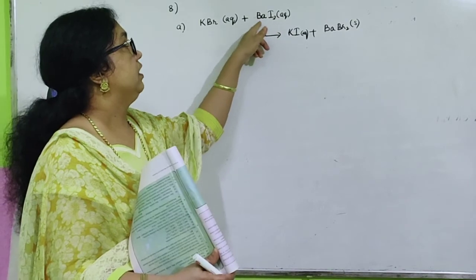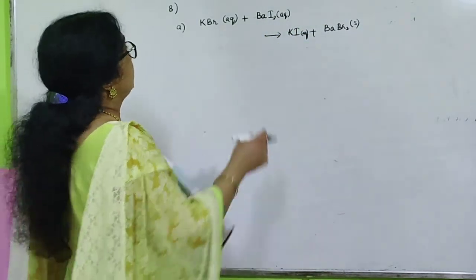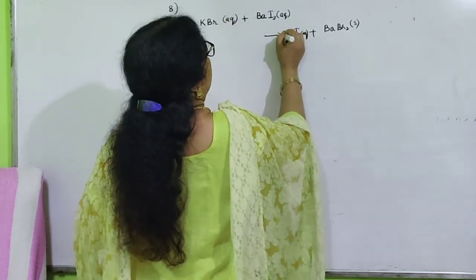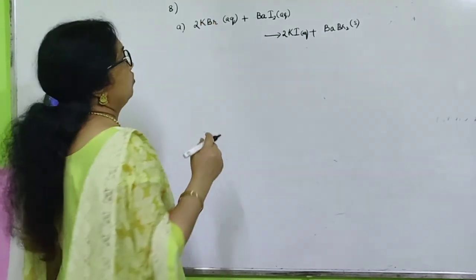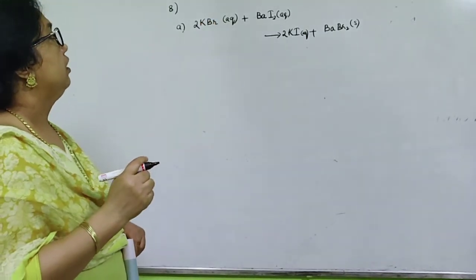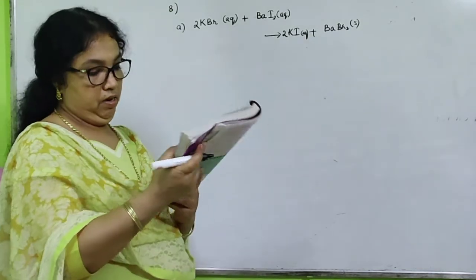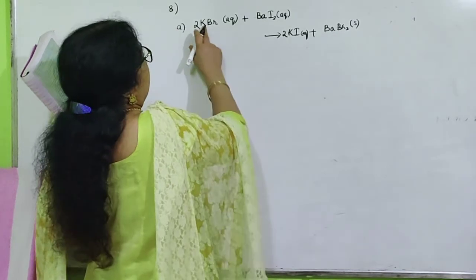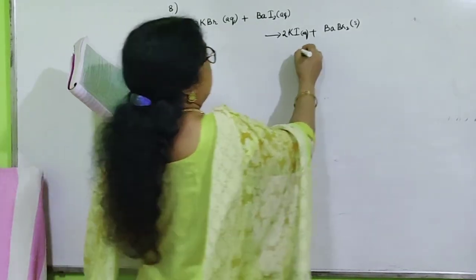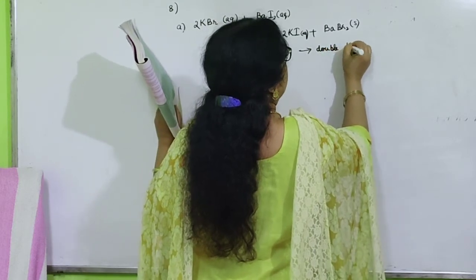So balancing, the equation is 2KBr plus BaI2 gives 2KI plus BaBr2. Here bromine and iodine have changed places, so this is a double displacement reaction.